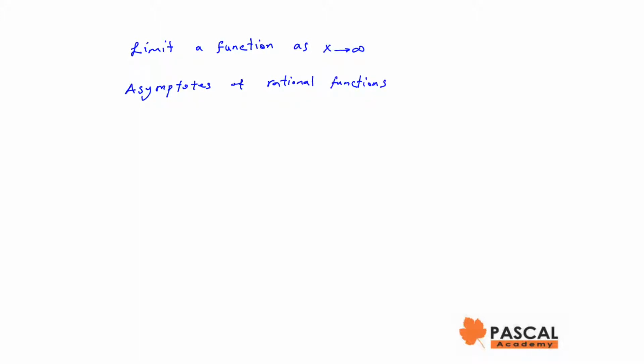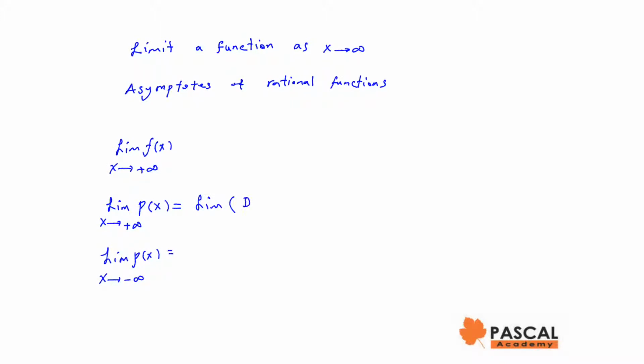Let's review what we've done when we discussed limit of f of x as x approaches infinity. For polynomial functions, limit of p of x, whether x approaches positive infinity or negative infinity, is the same as limit of the dominant term as x approaches infinity.